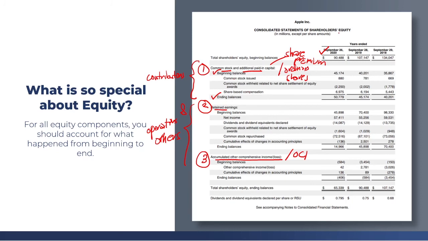They have presented 3 periods for the statement of changes in equity, and these are the ending balances. 40 billion 201, which is the ending balance of last year, is the beginning balance of next year in 2019. The ending balance of 2019, 45 billion, is also the beginning balance of 2020. It holds true for all the elements, or for all the components. And we call this a roll forward analysis. Actually, this is a roll forward.